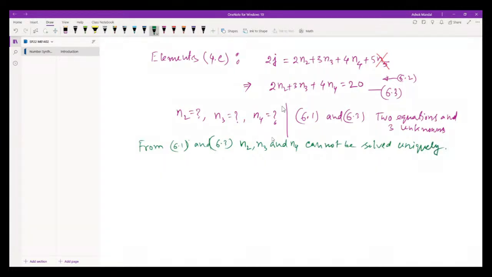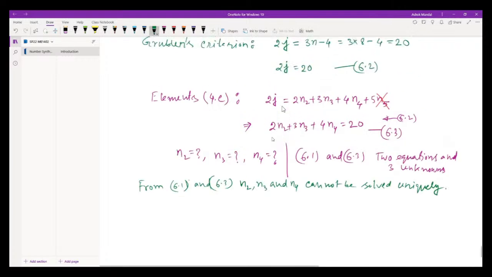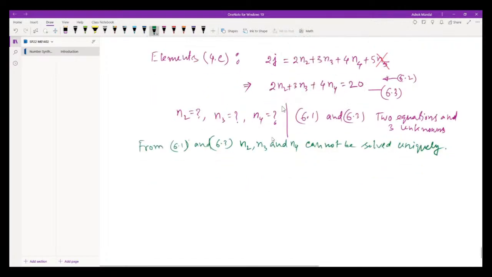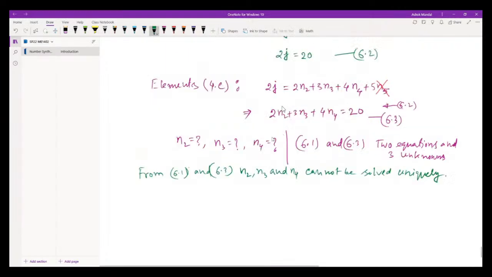You cannot get a unique solution. You can get solutions, but those solutions are not unique. But can we have any number of solutions, I mean, infinitely many solutions? No, we don't have infinitely many solutions.